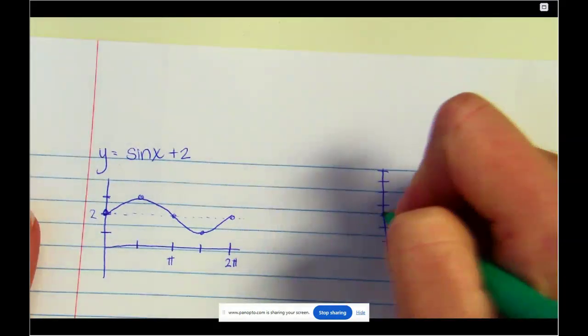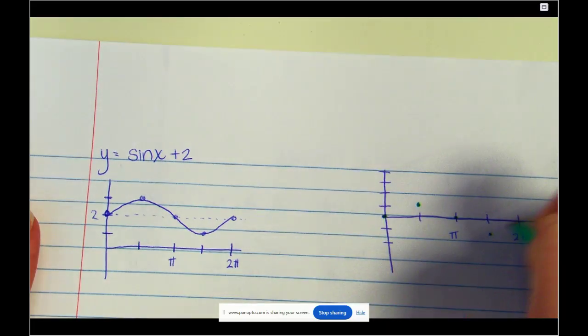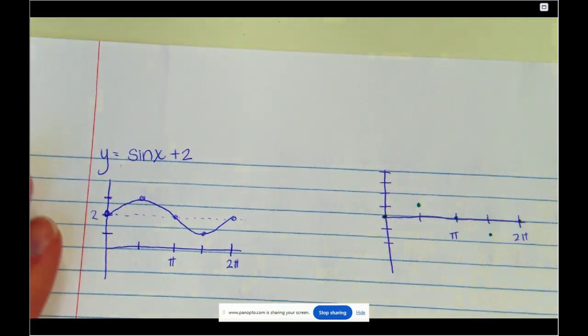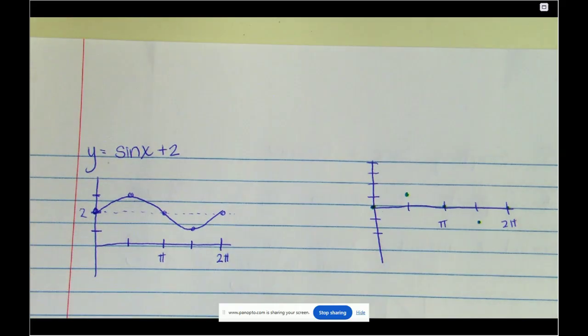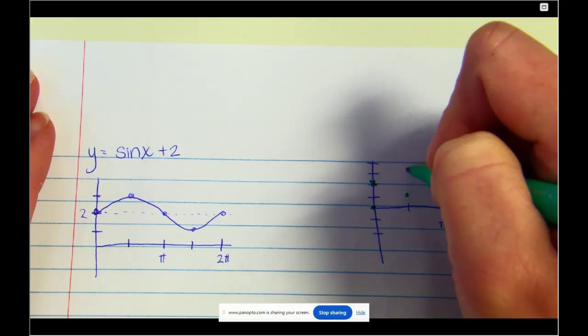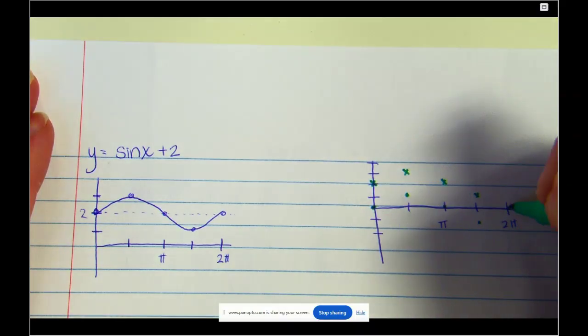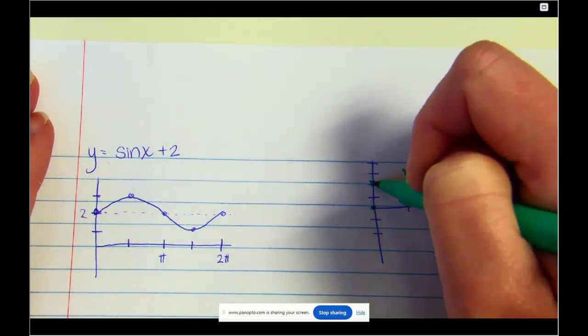So draw in regular sine, which would be those 5 points right there, and then shift everything up 2 places, because that's what plus 2 would do. It would move everything up 2. So you would go from this guy up 2, this guy up 2, this guy up 2, and this guy up 2, and then you would have to draw that.